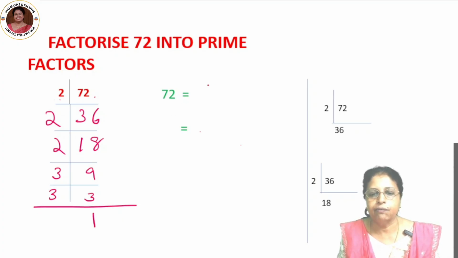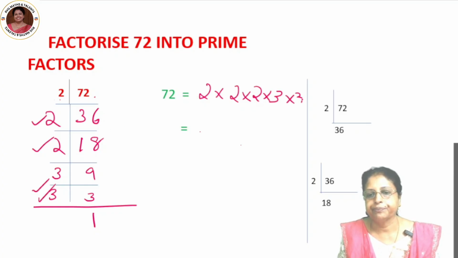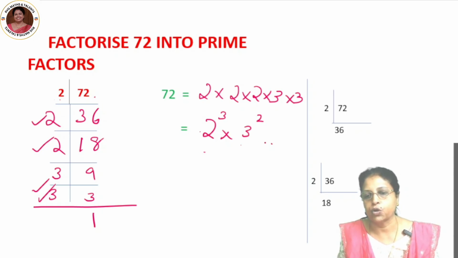So what are the factors here? 2 times 2 times 2 times 3 times 3. 2 to the power of 3 times 3 to the power of 2. That means 2 cube times 3 square.